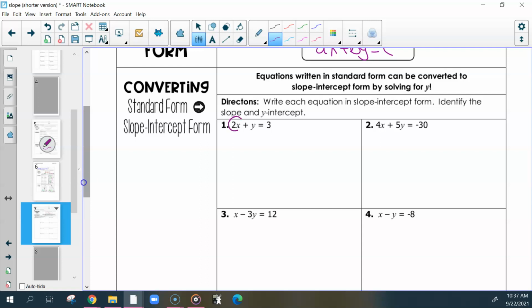I'm trying to somehow move this over here, but I can't just move it. I need to add or subtract it. So subtract it to the other side. 3 and negative 2x are not like terms, so I'm not combining them. I'm just moving it over there.